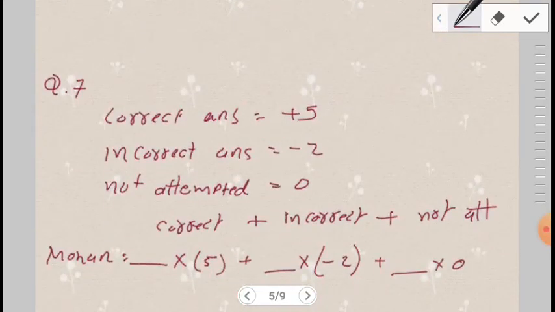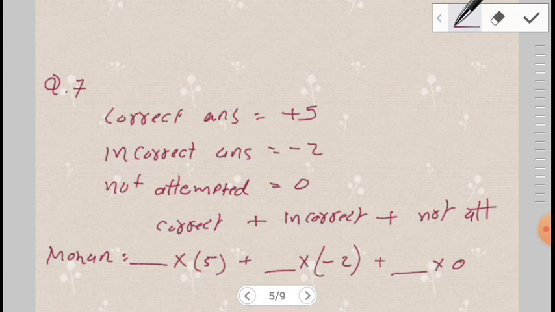Now for the 7th question. In a class test containing 10 questions, 5 marks are awarded for every correct answer. That means in the class test there are 10 questions.